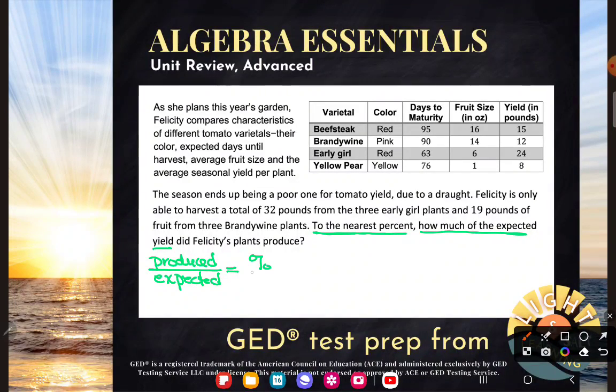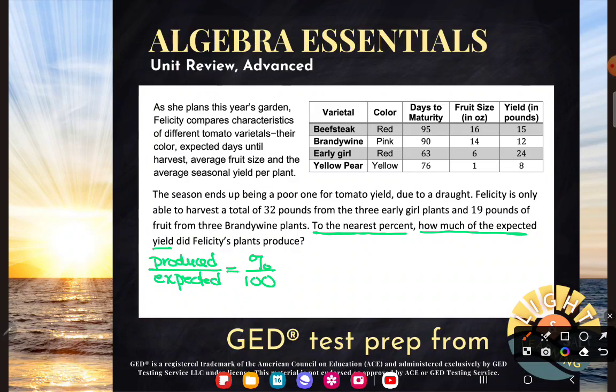And we know percents are always out of 100. So we can use our lovely method that we learned of using proportions to find a percent. If we can find this amount she produced and this amount she expected, then we'll be able to find that percent out of 100. So let's look at how much her plants produced.